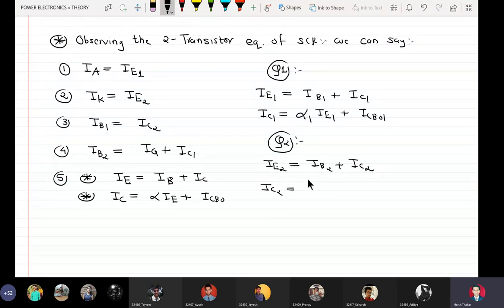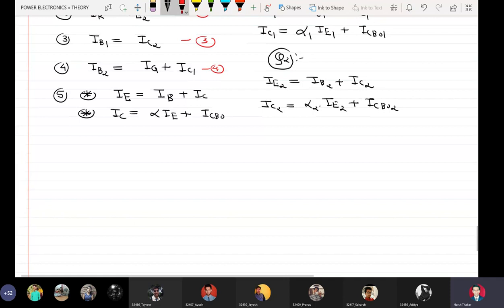Also, IC2 is equal to alpha 2 into IE2 plus ICBO2. So equations 1, 2, 3, 4.